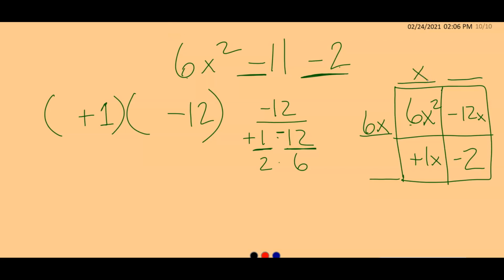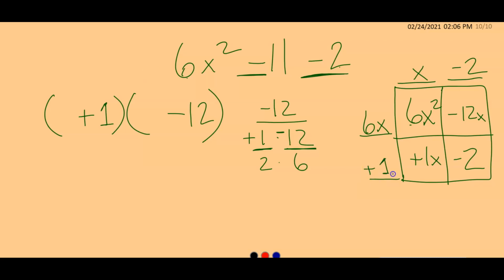And negative 12x divided by 6x gives us negative 2. Okay? Likewise, let's finish the problem. If I have an x over here and I divide it by itself, what do I have left?